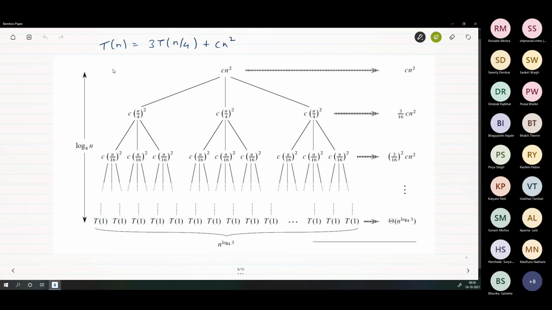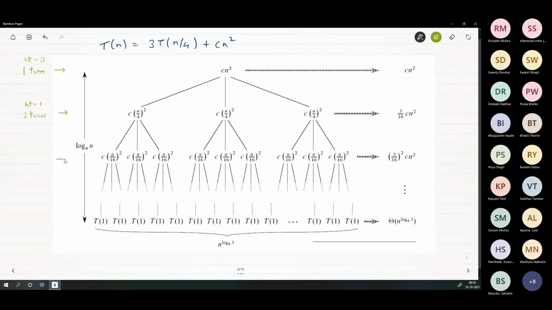Now let me write this down on the left side. Sorry, this is height 0. Very sorry. Height equal to 0, we have 1 term. Height equal to 1, we have 3 terms.